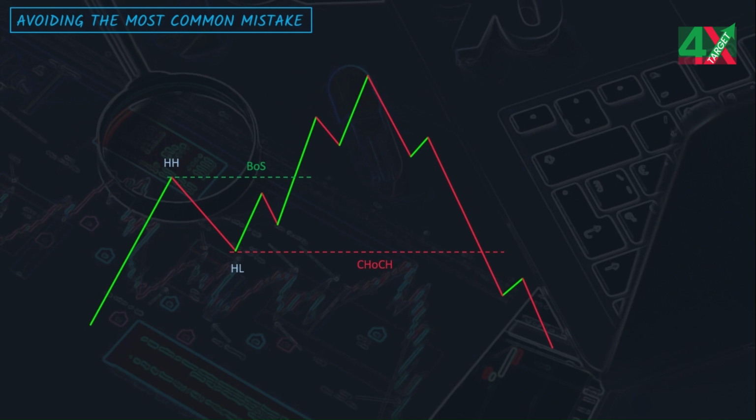Therefore, we seek inducement within the price action that caused this new break, not the original trend. Understanding this exception is crucial, because it prevents traders from marking inducements prematurely or incorrectly. By focusing only on impulsive moves and confirmed structure shifts, traders can identify true inducement levels with accuracy and confidence.